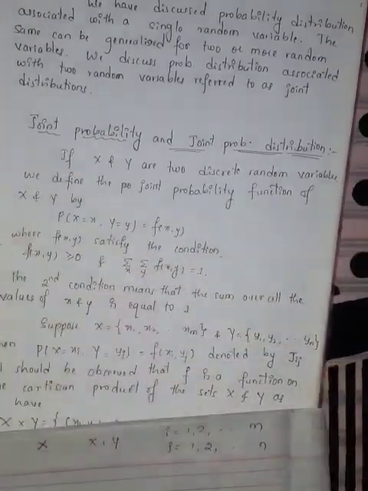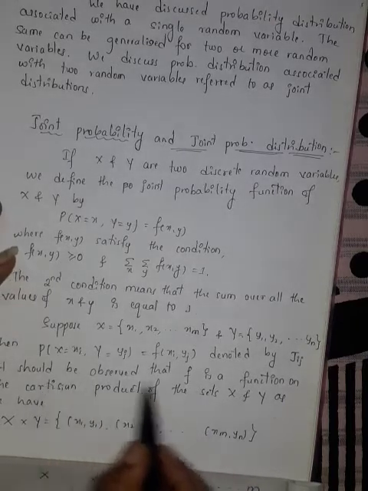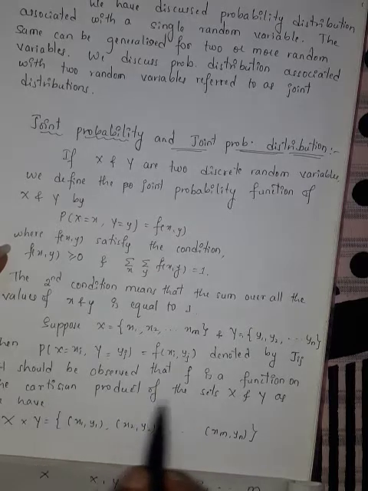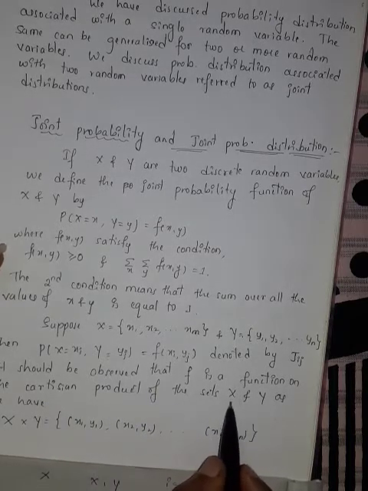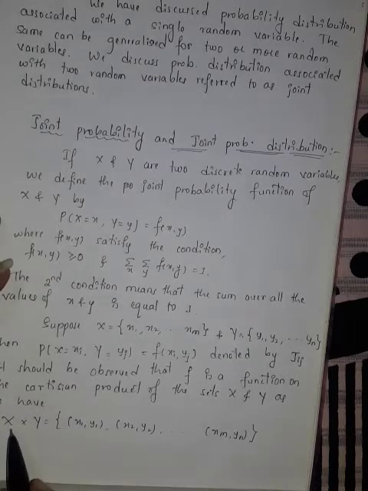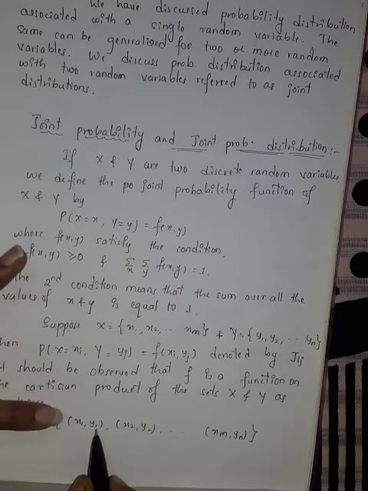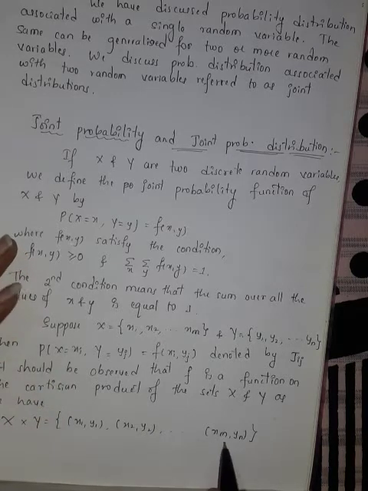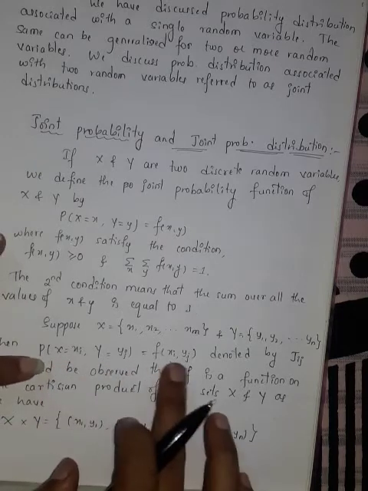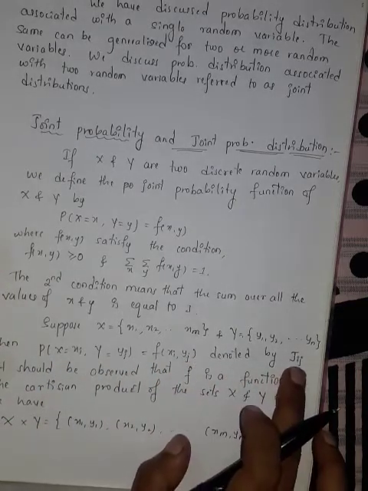It should be observed that the function f is defined on the Cartesian product of the sets x and y, that is x cross y, which consists of the pairs (x1, y1), (x2, y2) up to (xm, yn), and f(xi, yj) is equal to capital Jij.